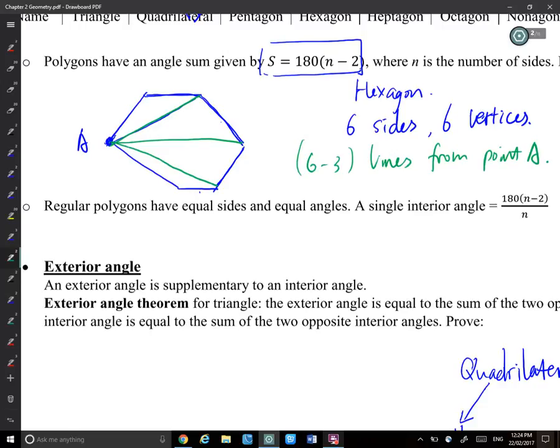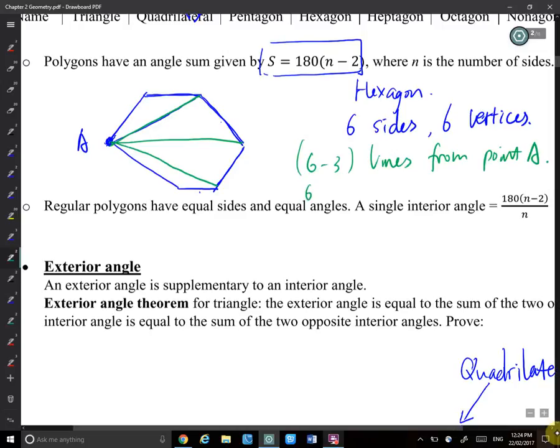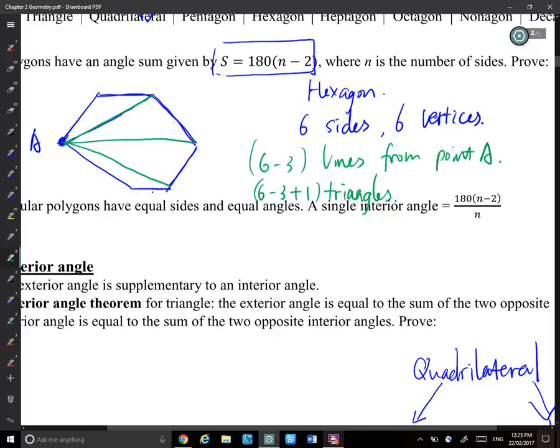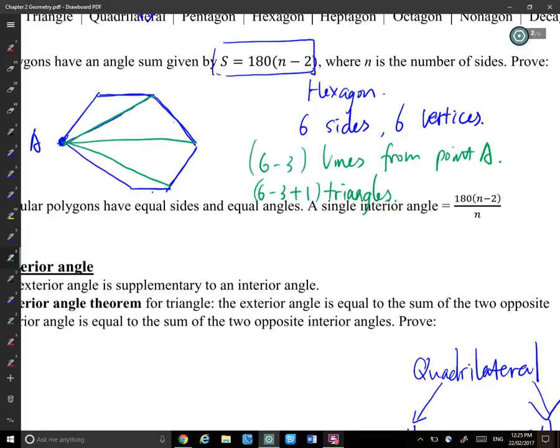And how many triangles can I make? I can make 6 minus 3 plus 1 triangles, which is 4 triangles. I draw 3 lines and cut the shape into 4 parts, so I get 4 triangles.